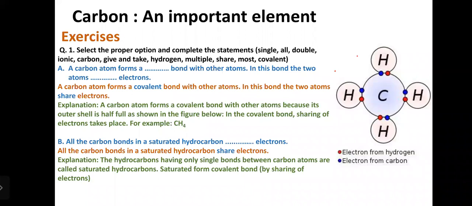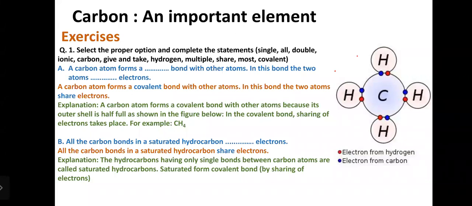Explanation: a carbon atom forms a covalent bond with other atoms because its outer shell is half full, as shown in the figure. In the covalent bond, sharing of electrons takes place. For example, CH4. In the figure of the CH4 methane molecule, the carbon occupies the central position along with its 4 electrons, and the neighboring hydrogen atoms make a bond with the carbon atom by sharing their electron.